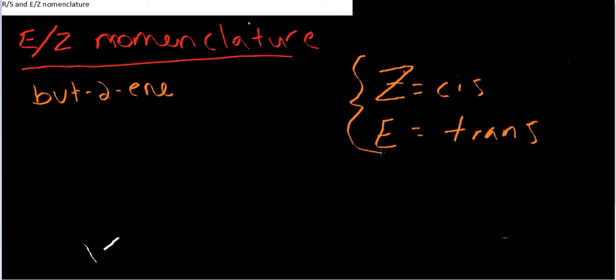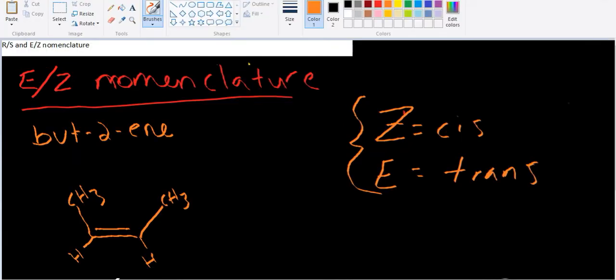So what we're going to do is draw 2-butene. I'll draw in my hydrogens to make life a little bit easier for you. So here's a hydrogen, and here is my CH3 and CH3. So we're going to deduce this structure.